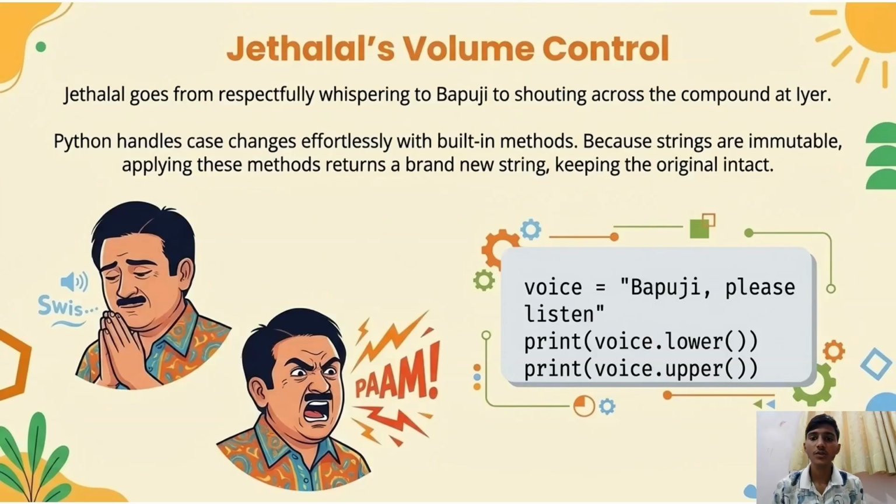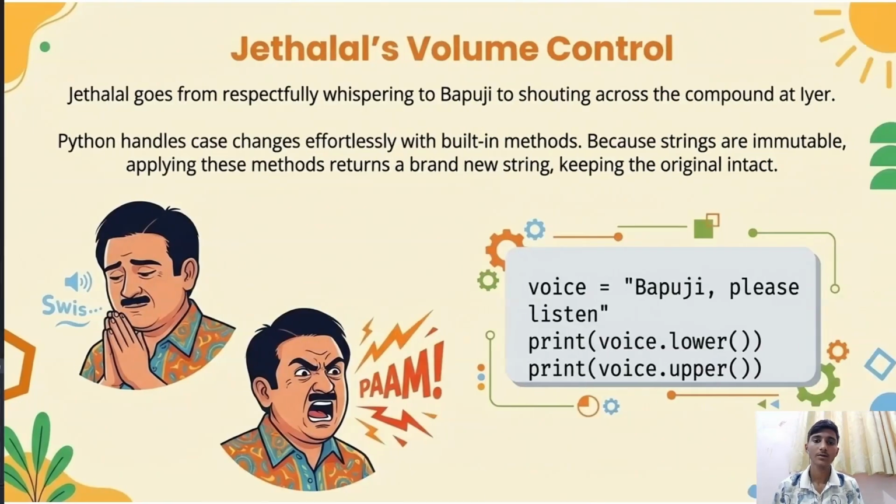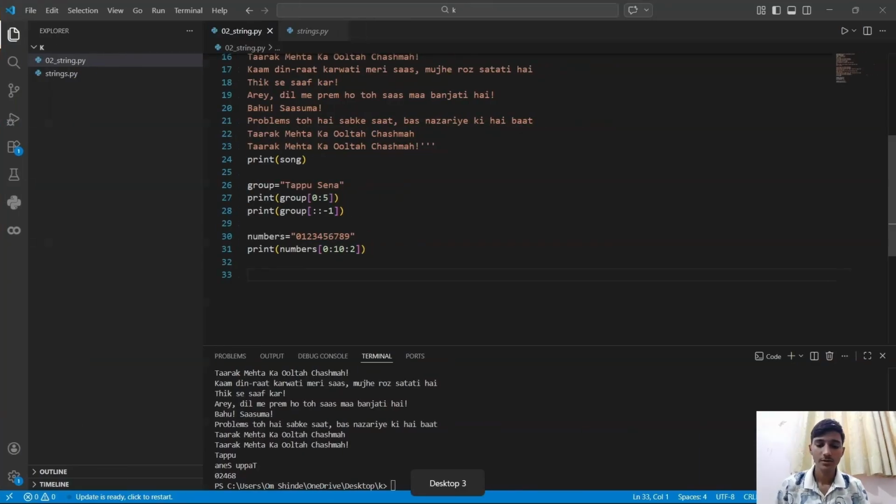Now we'll move towards lower case and upper case in strings. We can give a string which is in small letters, and what if we want to convert it into capital letters, or vice versa? The method to do it is like this.